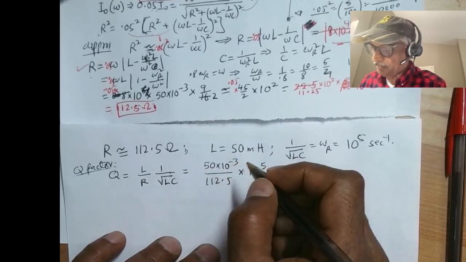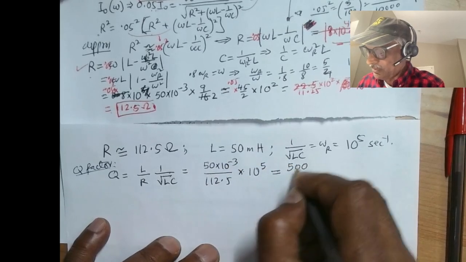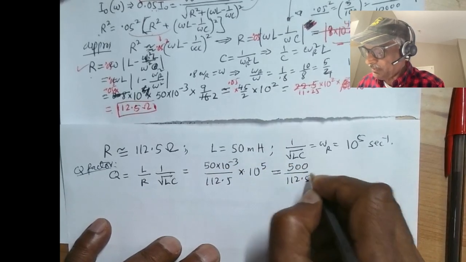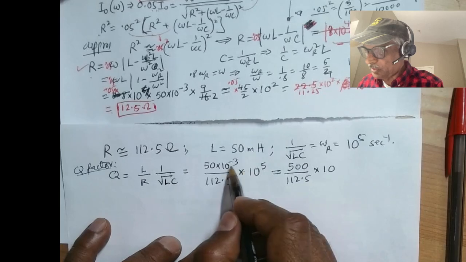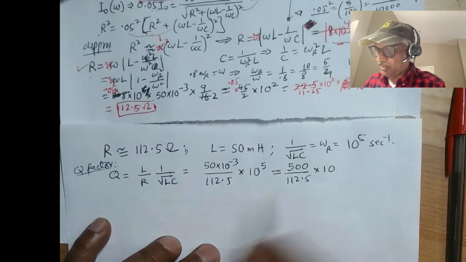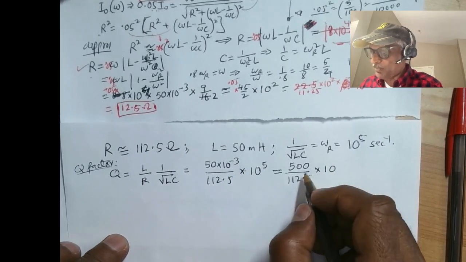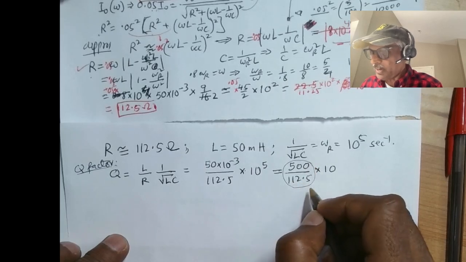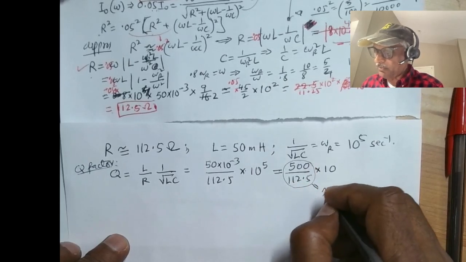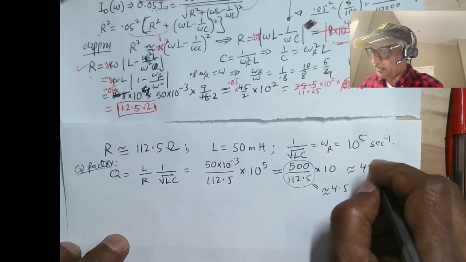Let's see, make it 500. 12.5 times 10, so one more 0, so 10 just times 10. So it's going to be roughly 4.5 or something like that. So this is roughly 45.